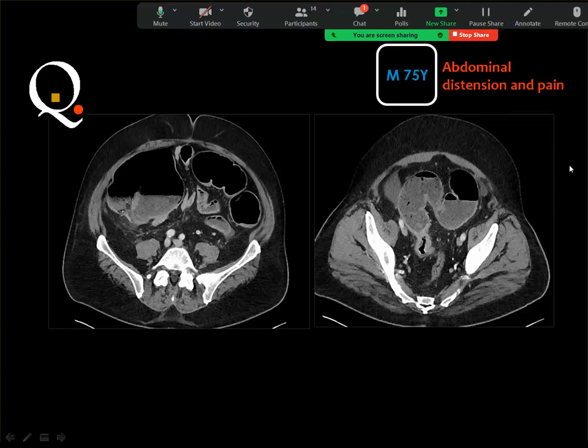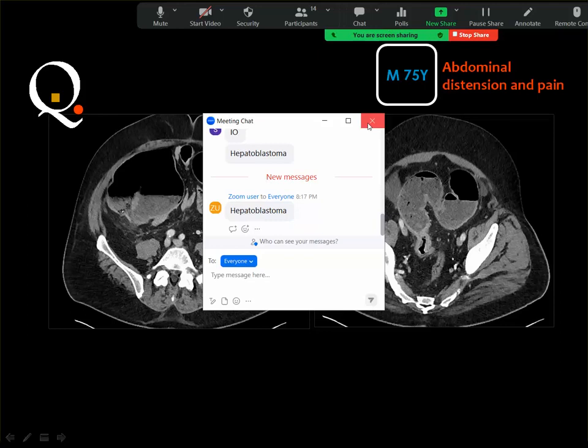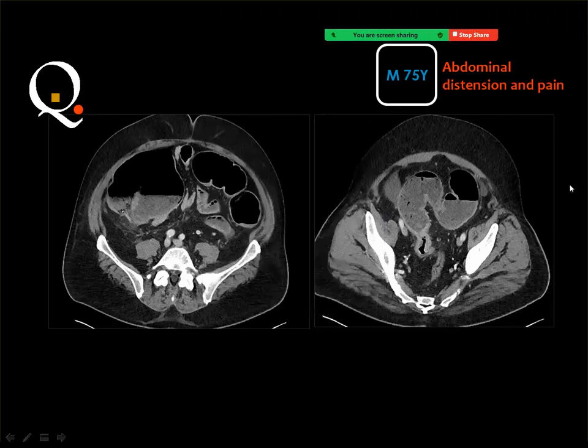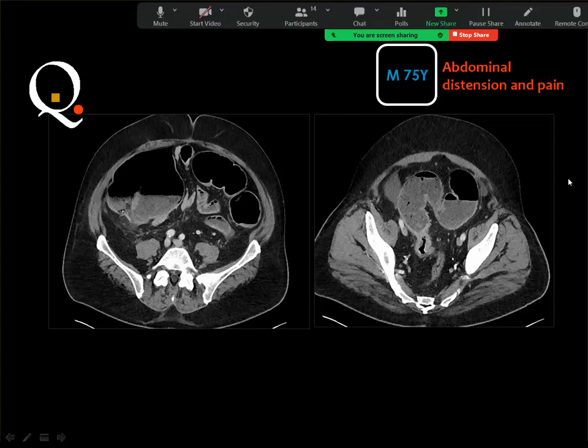Next case is a male, 75 years old, with abdominal distension and pain. Sigmoid cancer. Good, and this is the right answer.